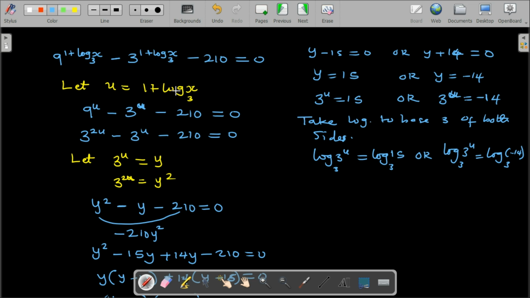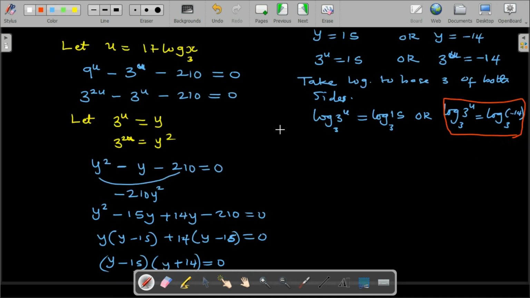Now, since we cannot evaluate the logarithm of a negative number, we will discard this other option while we focus on this one. So now let's move on with this.